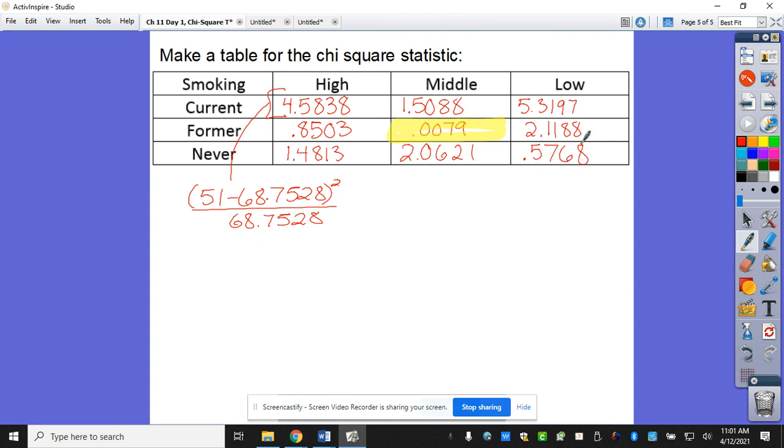And again, just like before, something on the AP exam could be how much did middle never contribute to the chi-square statistic? Another very common question that would come up, and it's so easy, but people forget about this one, is what contributed most to the chi-square statistic? So what do you think contributed the most?